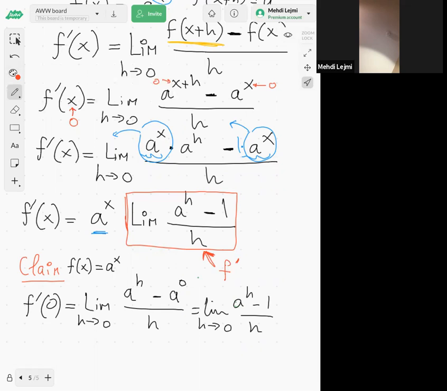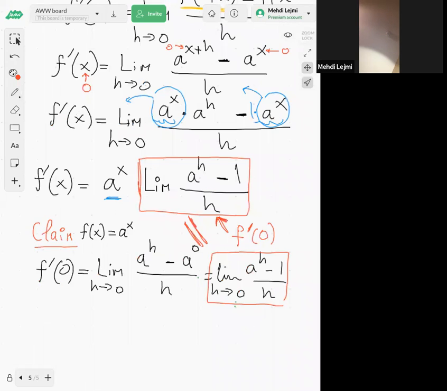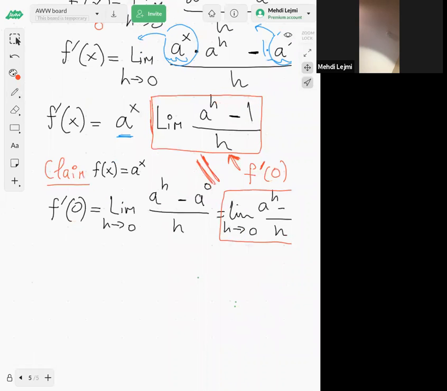So this is f prime of 0, the same thing here. The conclusion is that f prime of x, which we are trying to compute, turns out to be a to the x times f prime of 0.